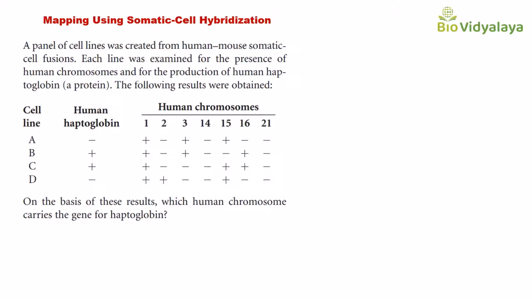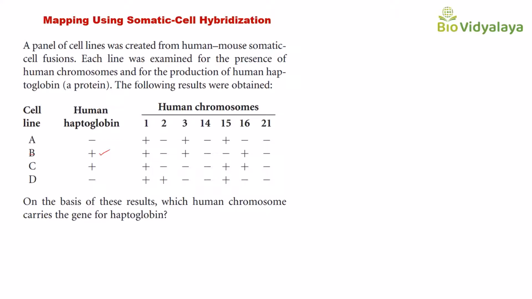Negative means human haptoglobin is absent in cell line A, and positive means human haptoglobin protein is present in cell line B. Negative means absent and positive means present. Here are human chromosomes 1, 2, 3, 4, 15, 16 and 21. Positive means that particular chromosome is present, and negative means it is absent.